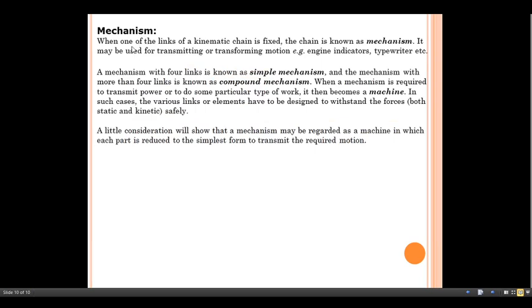Now let us discuss the mechanism. When one of the links of a kinematic chain is fixed, the chain is known as a mechanism.